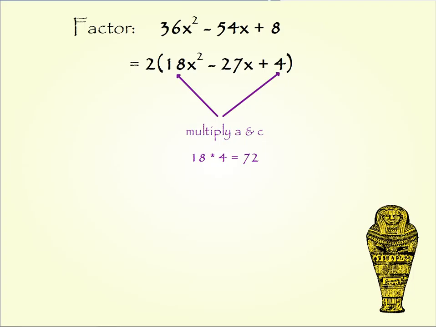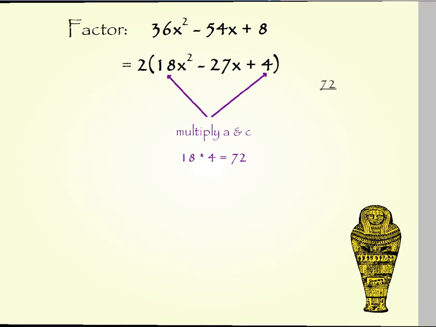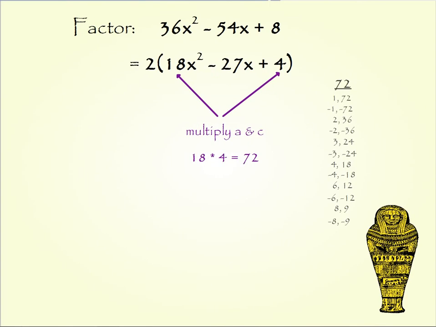To factor my quadratic trinomial, I'm going to multiply a and c. 18 times 4 is going to give me 72. Then I need to find a factor pair of 72 that adds to negative 27, and that's going to be negative 3 and negative 24.